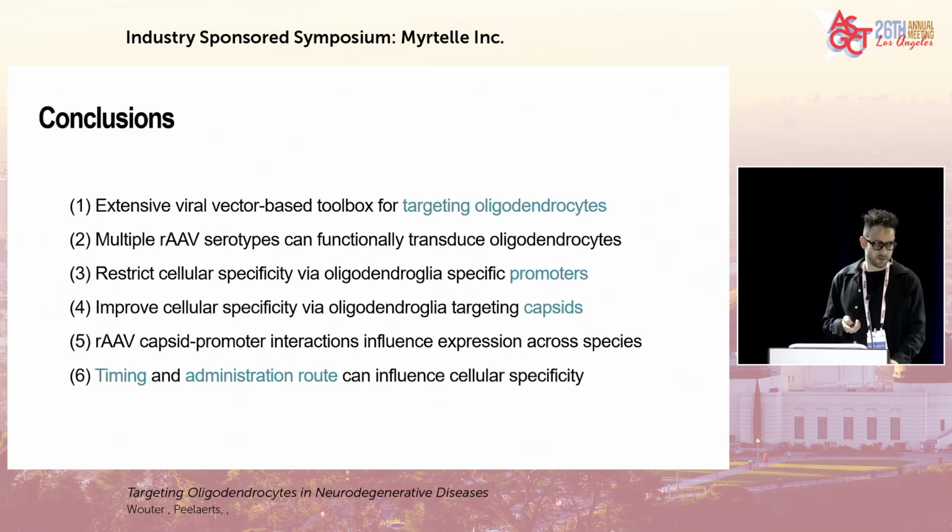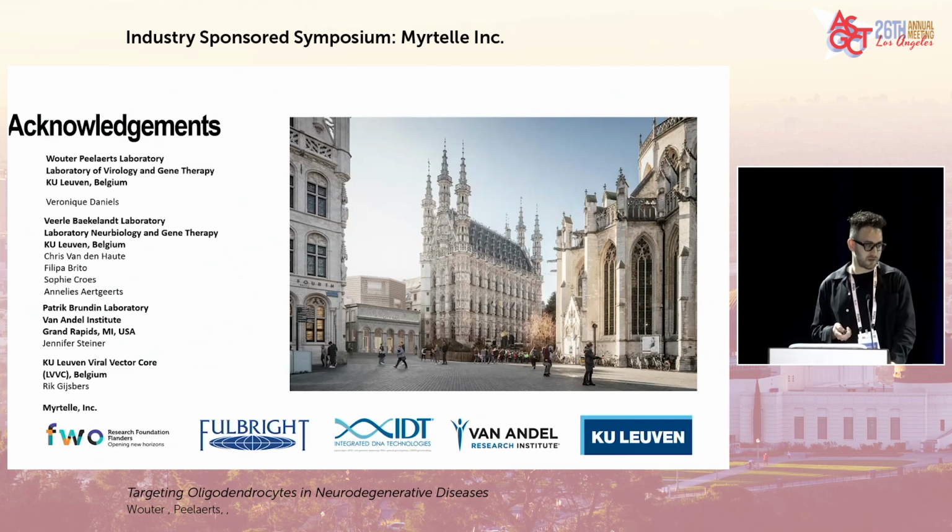Something I didn't really touch upon, but which has also been shown, is that there are capsid-promoter interactions, especially for oligodendrocytes. So I think every system really needs to be tested to make sure that there is functional transduction and specificity for those different vectors. And then timing and administration routes can also influence tropism and expression specificity, so they're also important things to bear in mind.